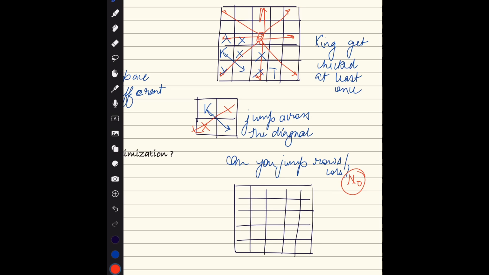If you have a look at them, basically, let's see, if you have your king over here, right? You cannot reach these squares and these squares in any case.